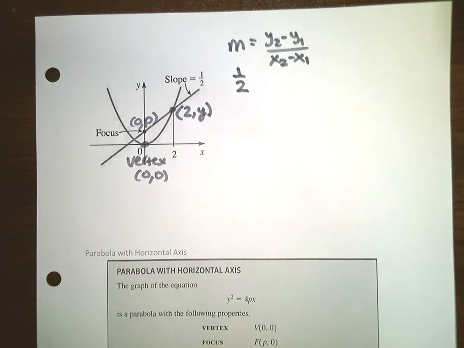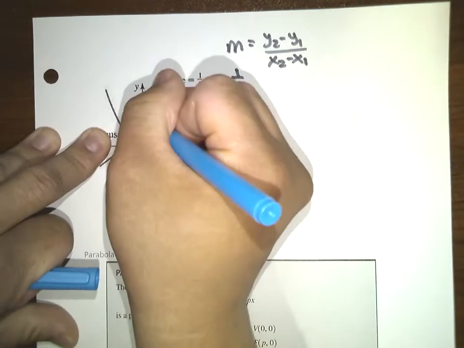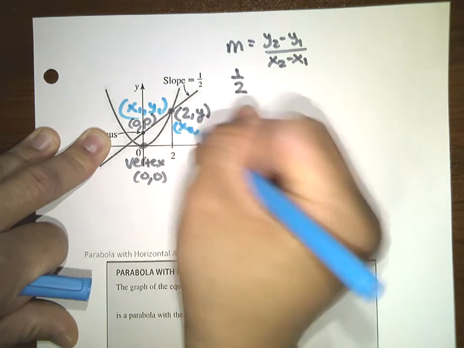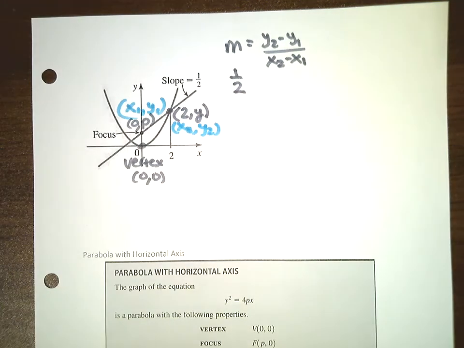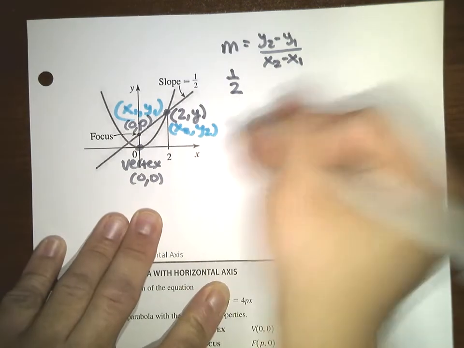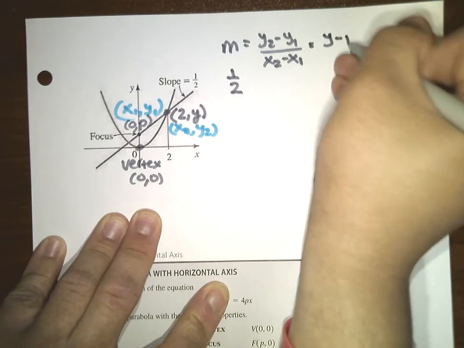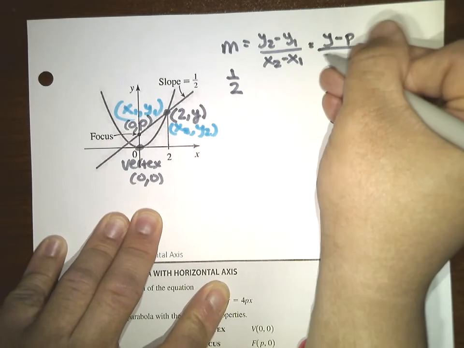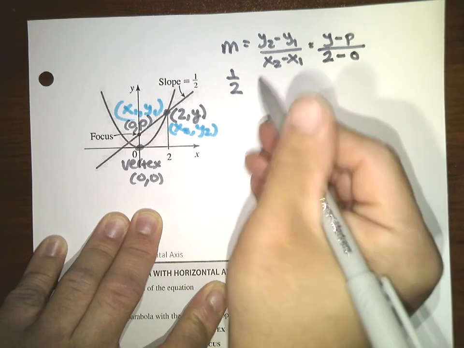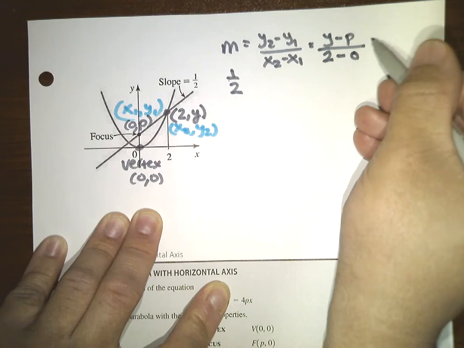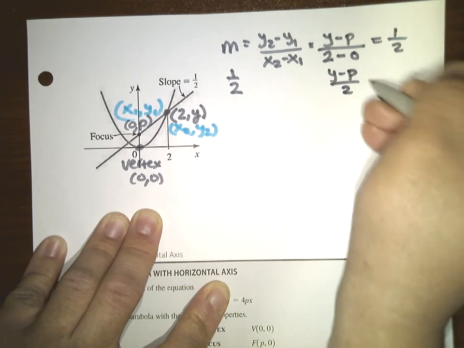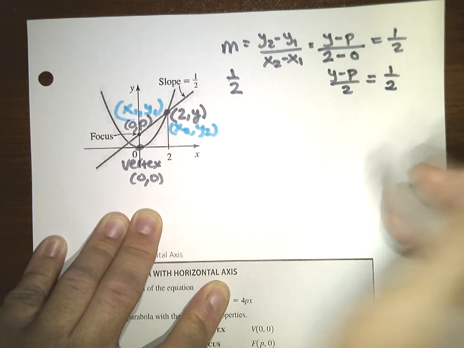And then I can label these x1, y1, x2, y2. So then it will be y minus p over 2 minus 0. So then again, that was equal to a half. So y minus p over 2 is equal to 1 over 2.